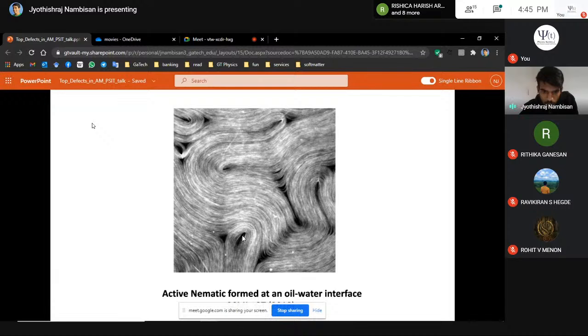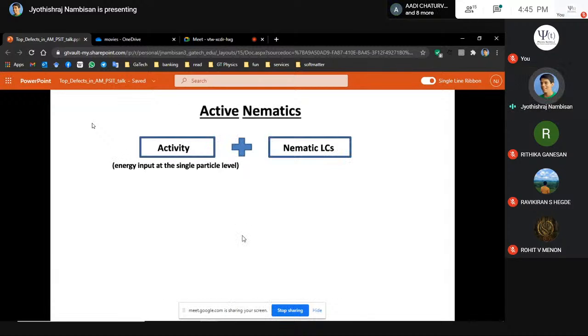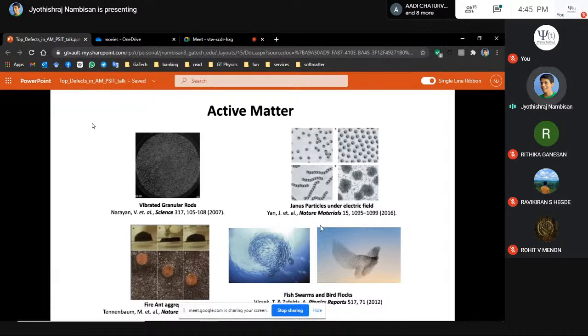The cool thing about active systems, as you can see in some of these examples, is that they have some sort of self-propelled motion or self-assembled motion. Whereas in the case of passive liquid crystals, unless you apply an external field, they don't move.